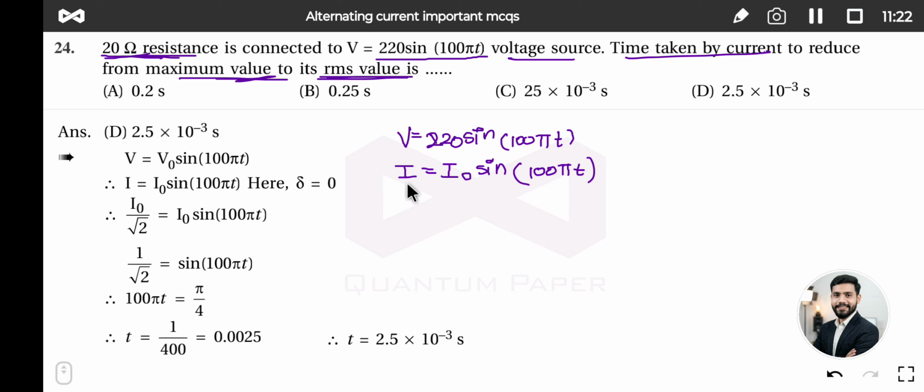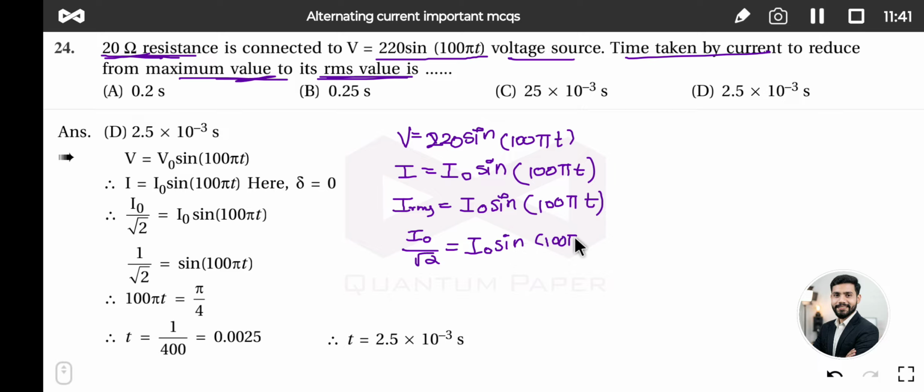So the I RMS value is nothing but I naught upon root 2, which is equal to I naught sine 100 pi t. If we cancel out I naught, we get 1 by root 2 is equal to sine 100 pi t.